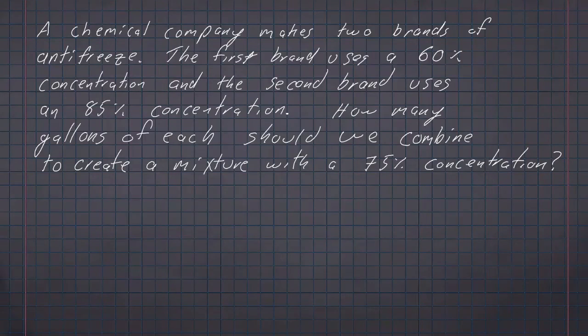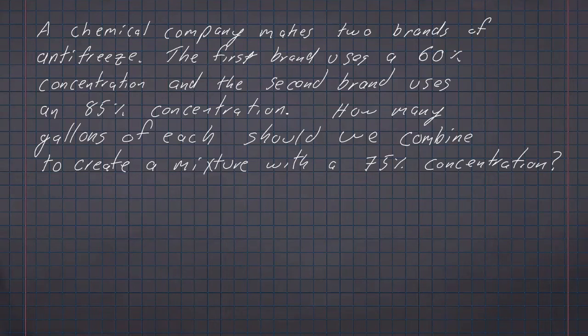All right. So now let's take a look at some problem solving involving systems of equations. Here, we are looking at mixing antifreeze. A chemical company makes two brands of antifreeze.